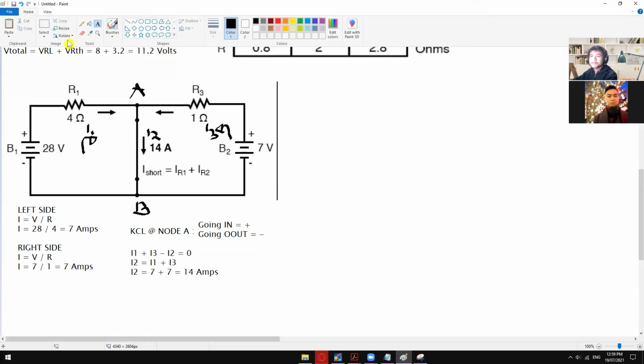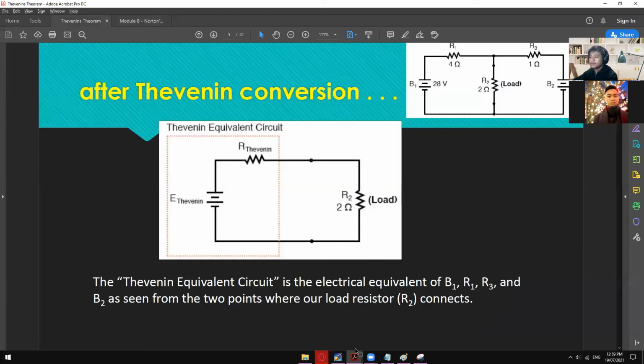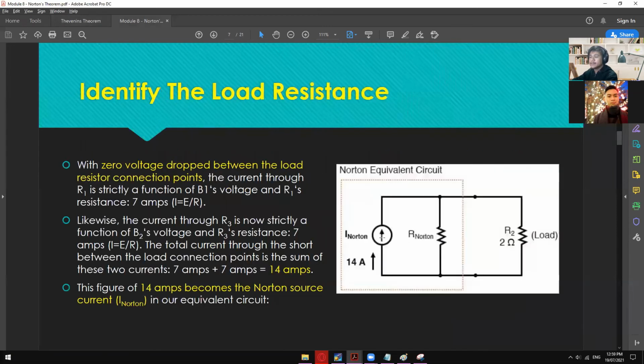So our RTH, I mean RN, why do I always say RTH? RN is 0.8 ohms, and IN, the Norton's current, is equal to 14 amps. Once you have those two variables, you can now perform this kind of equivalent circuit.